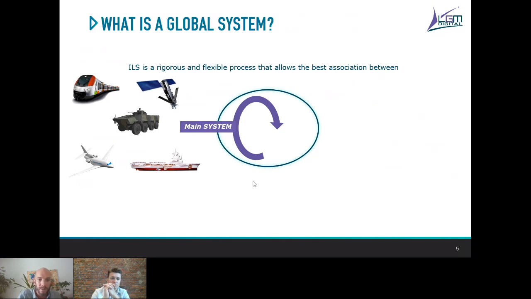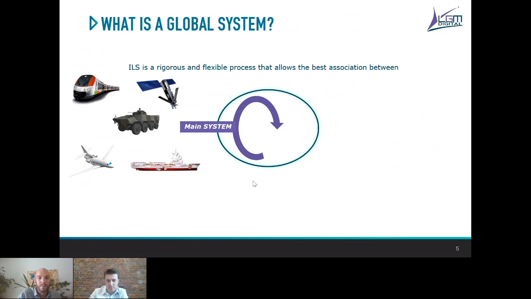It can be a train, a boat, a plane. It's a complex system. We do ILS only on complex systems. A complex system is a system with multiple technologies and a very long life, 20 or 30 or 40 years. We don't do ILS on a pen or a watch, for example.